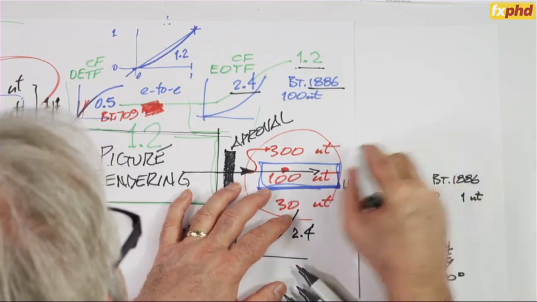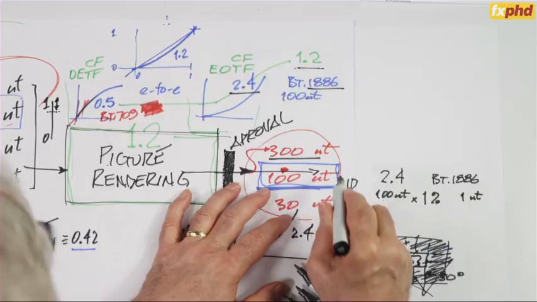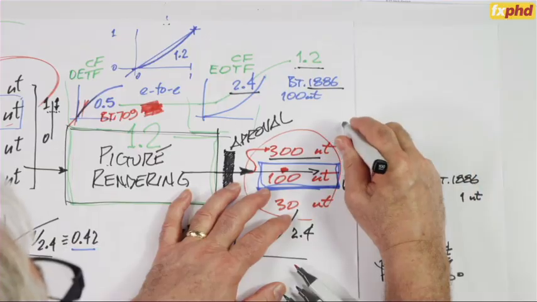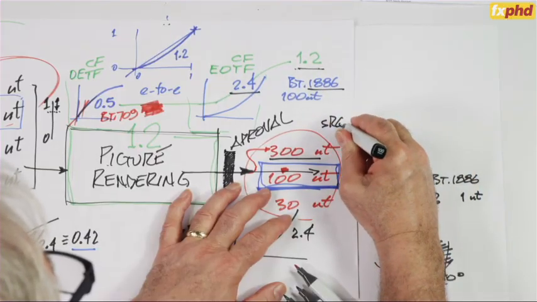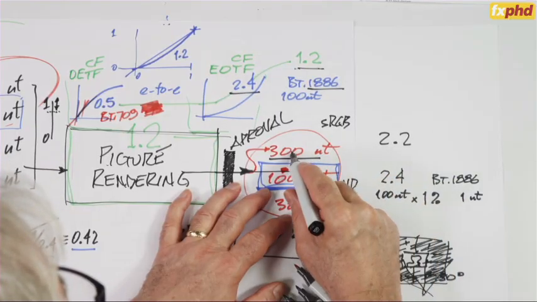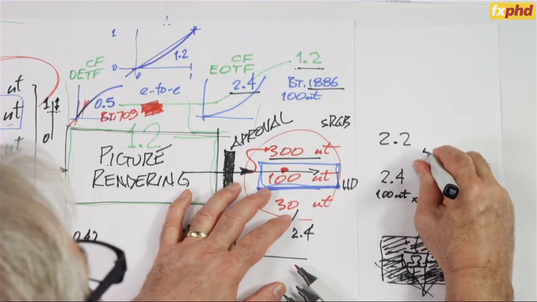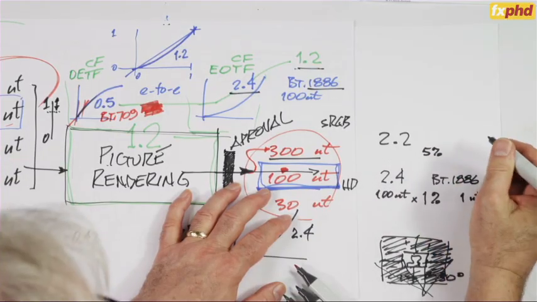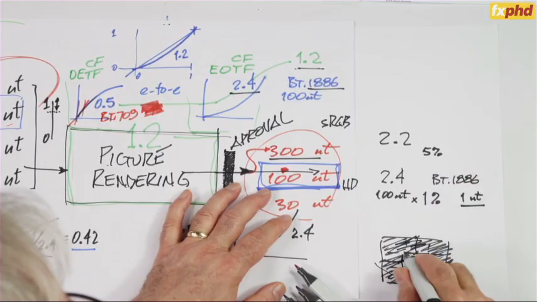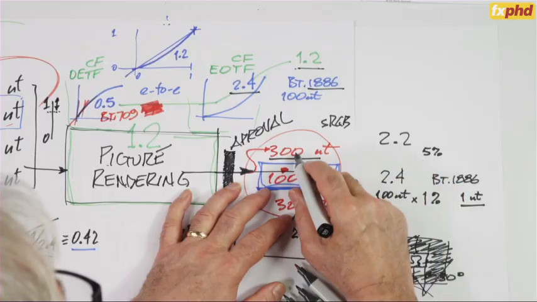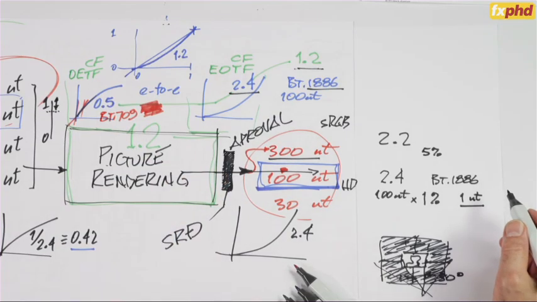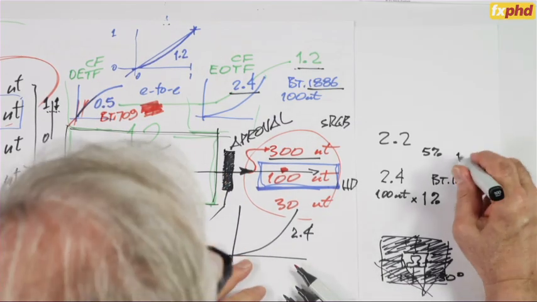Out in consumer space, the luminance of white is likely to be 300 nits, and there the sRGB standard standardizes gamma 2.2, and that's entirely appropriate for 300 nits at something like 5% surround. So instead of 1 nit surrounding the image, we've got 5% of 300, or about 15 nits.